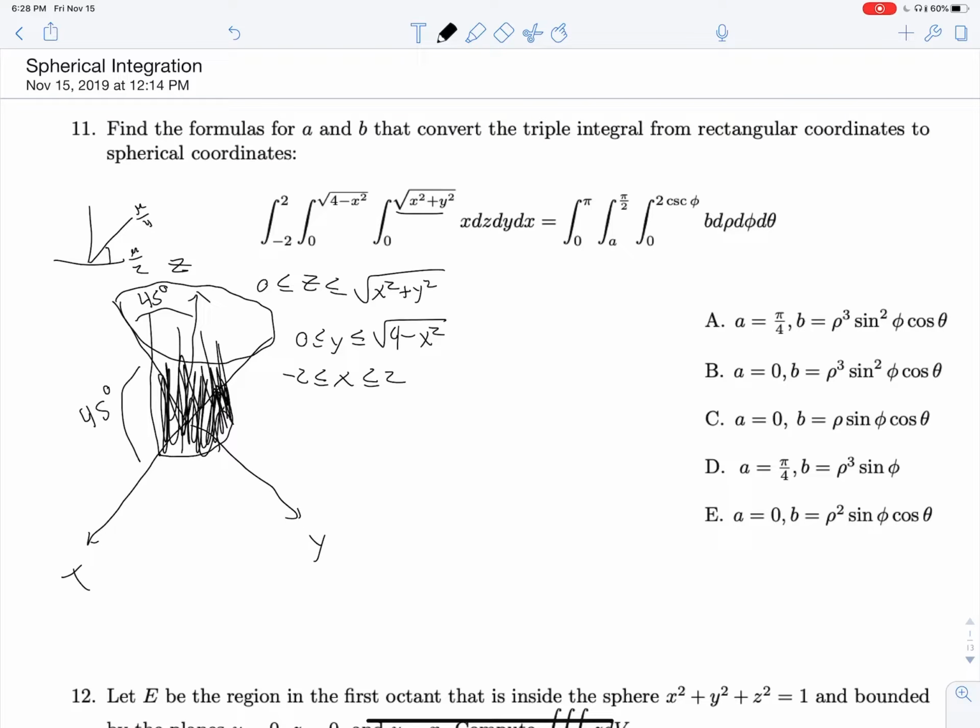One of the things we're trying to solve for up here is this a value, which has to bound phi on the bottom by pi over 4, because we want to skip everything from 0 to pi over 4. We don't want any of that, but we do want everything from pi over 4 to pi over 2. So automatically we have a 50-50 at getting the answer right.